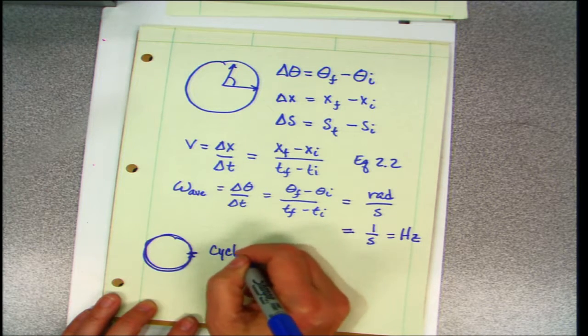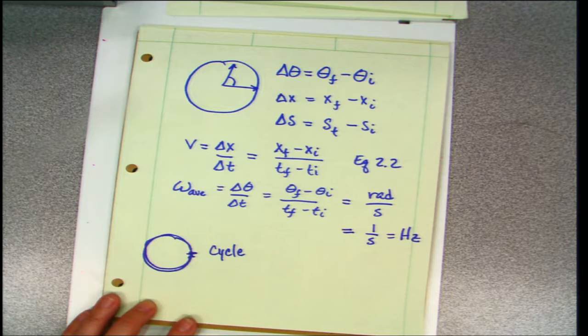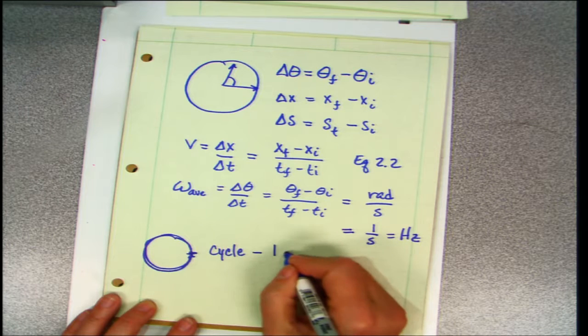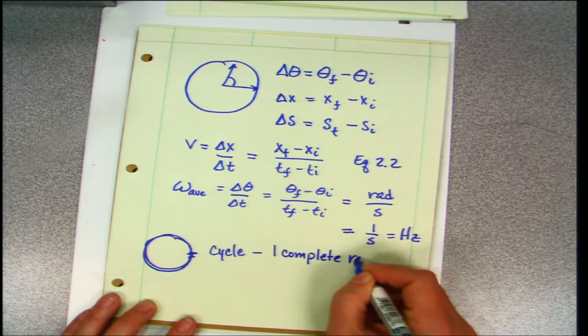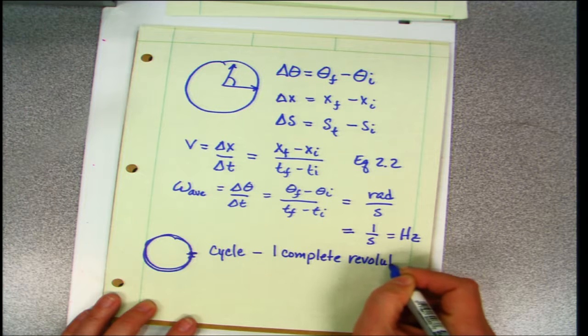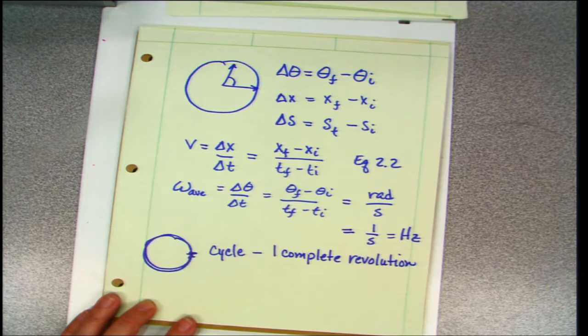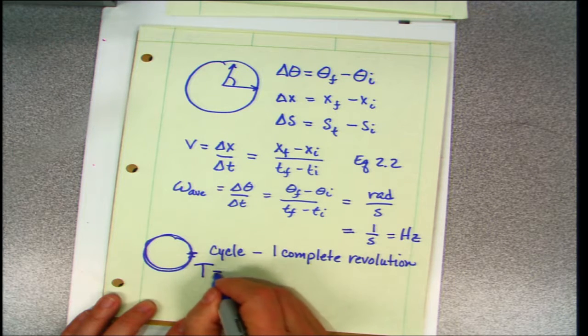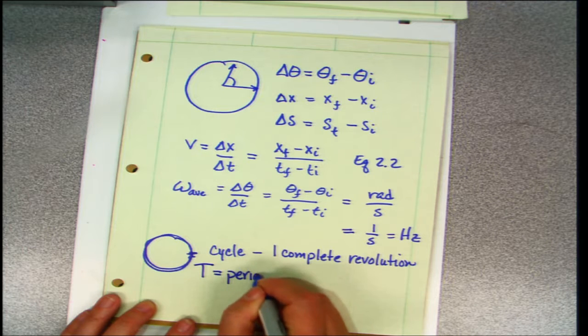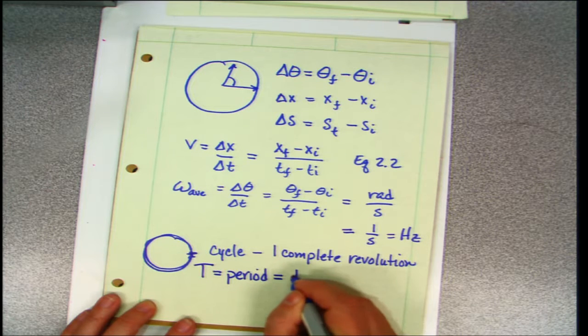The period, which we use as a T, is the time that it takes to make one complete cycle. Okay, so that's my period.